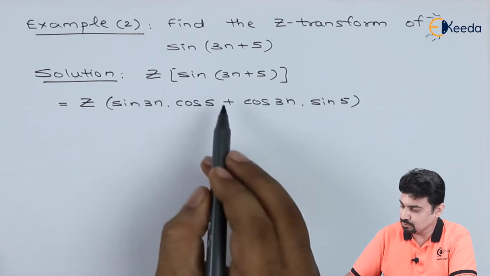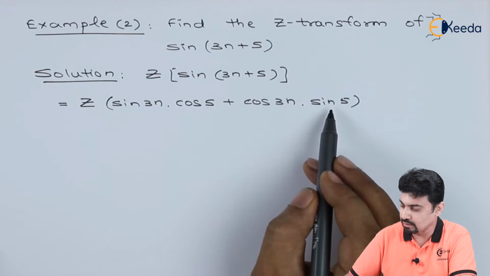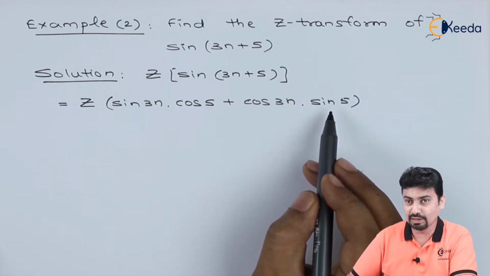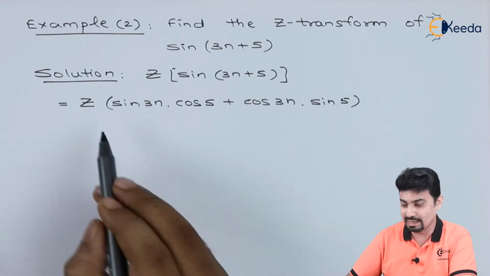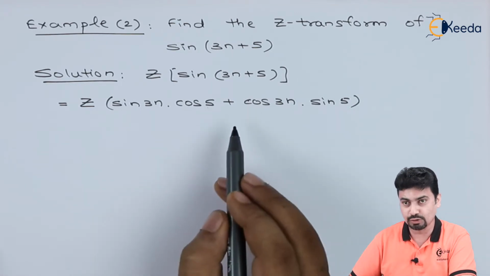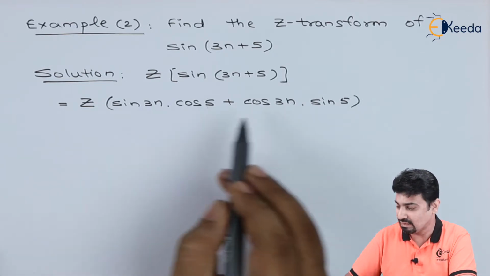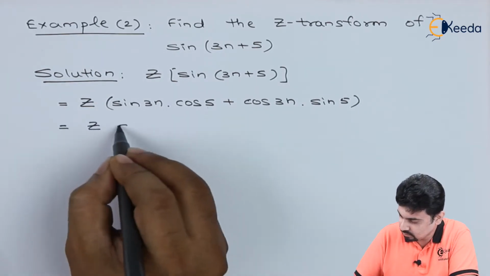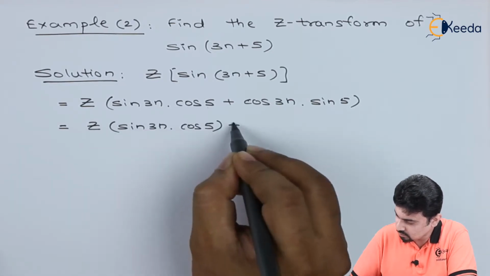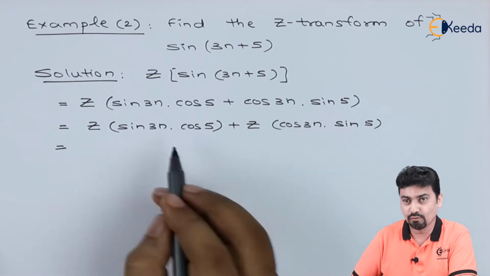We know that in the first part cos phi is constant, in the second part sine phi is constant. Therefore, by linearity property, first we apply Z to both of them and then we take the constant part outside and apply Z only to the part of the function having n in that. We have separated the Z for the two functions.